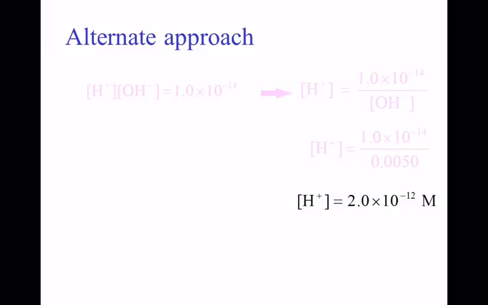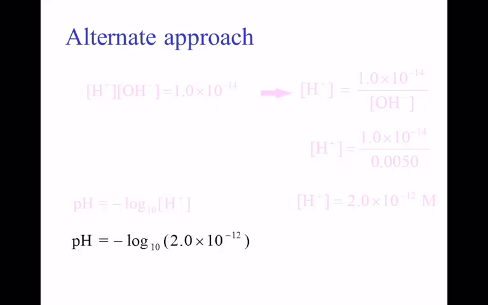Sometimes when doing an alternate approach, you get a slightly different number. But the molar concentration of the hydrogen ion is that 2.0 times 10 to the minus 12 moles per liter. And last but not least, in this approach we need to knock out the pH, so we take the negative log of the hydrogen ion concentration. So negative log of 2.0 times 10 to the minus 12th.